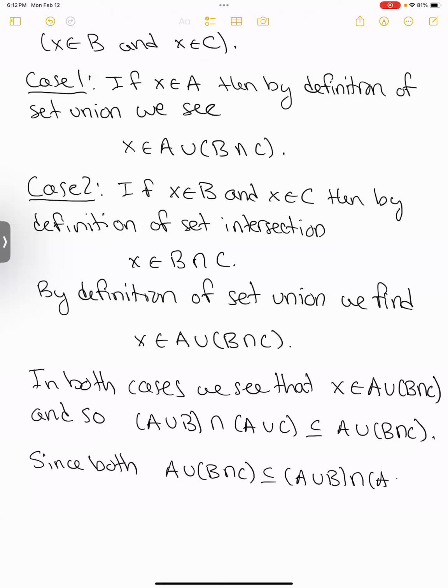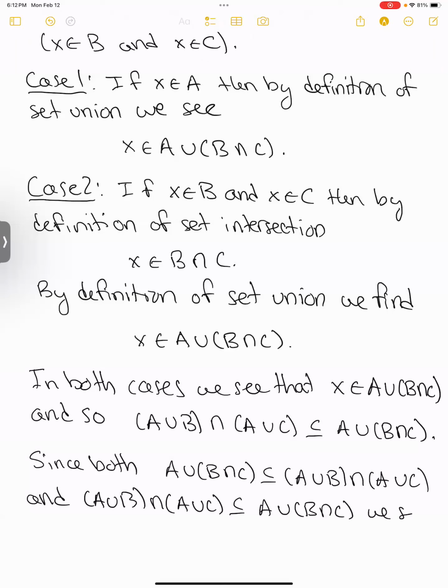Oh, sorry. A union B intersect A union C is a subset of this. We see that A union B intersect C is equal to A union B intersect A union C.